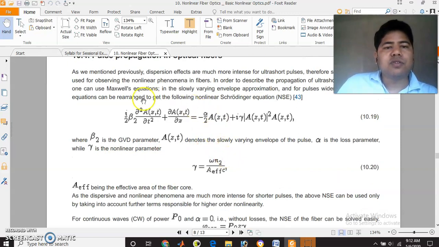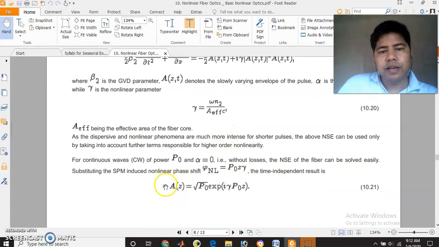So if we solve this equation, this is a differential equation. Okay, if we solve this equation, then we get the expression of A, the slowly varying envelope, and that A will become this one.